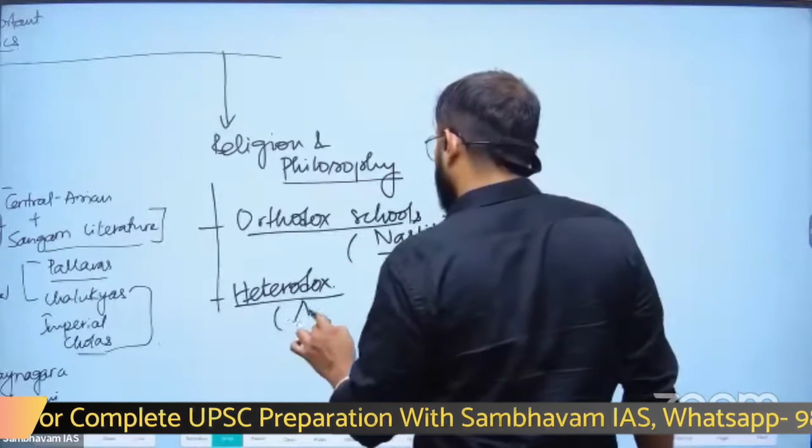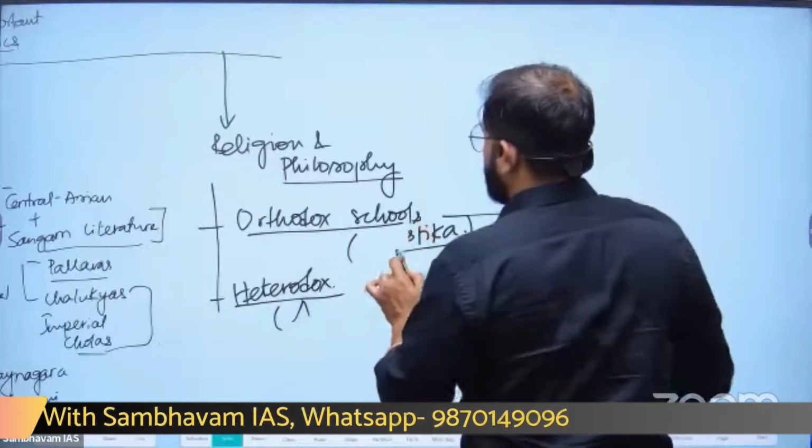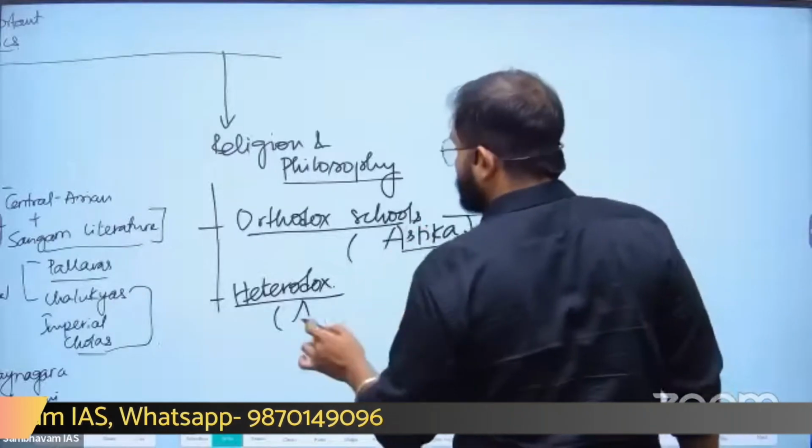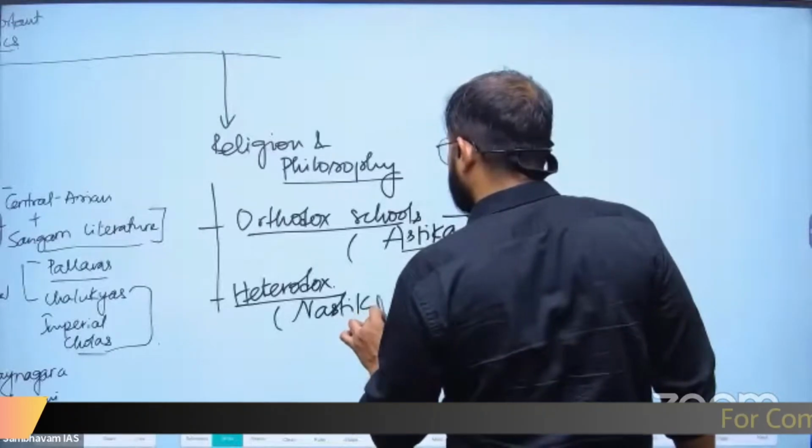I made a mistake. Orthodox is known as Astika, heterodox is known as Nastika.